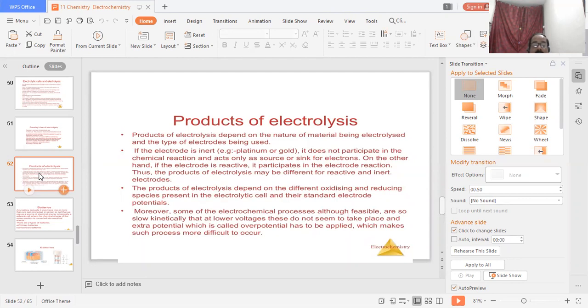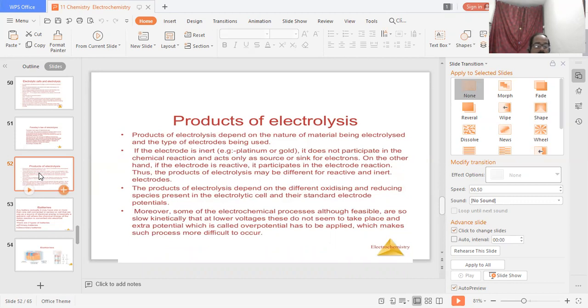On the other hand, if the electrode is reactive, it participates in the electrode reaction. So the product of electrolysis may be different for reactive and inert electrodes. The products also depend on the different oxidizing and reducing species present in the electrolytic cell and their standard electrode potentials.